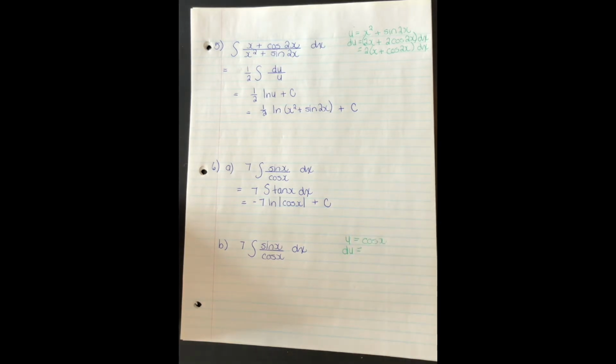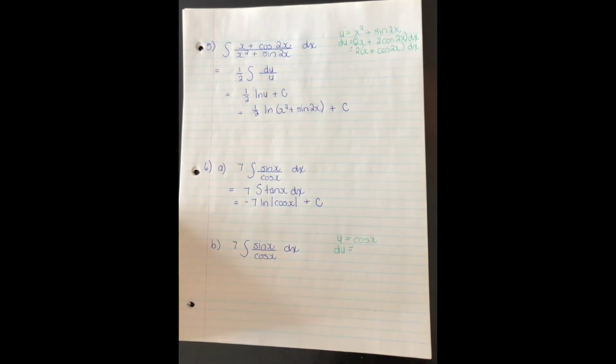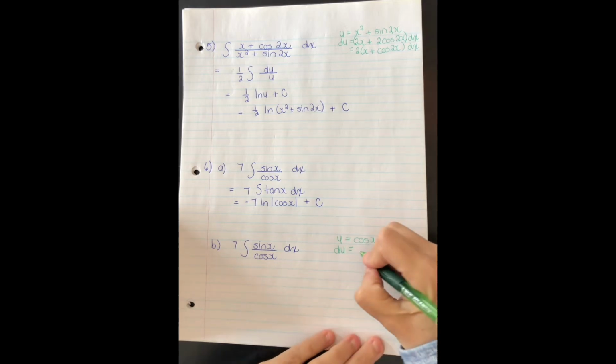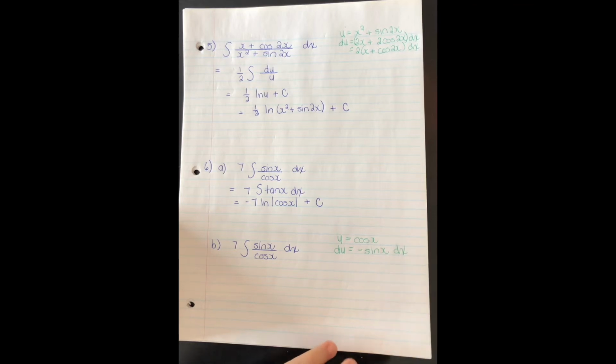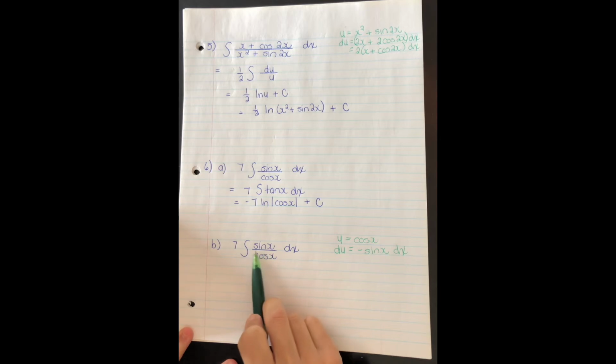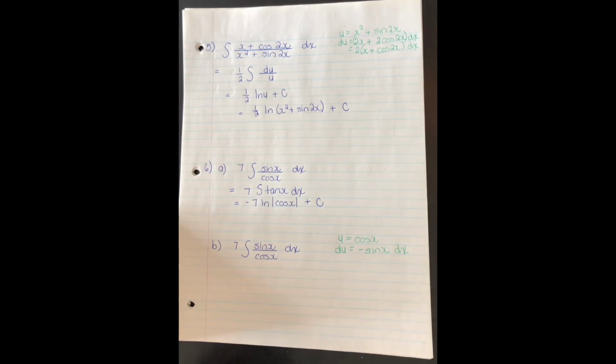If u is cos x, then du will be the derivative of cos x. The derivative of cos x is negative sine x dx. So we'll have a u here, and of course it has an exponent only of 1. And then in the numerator, we have a multiple of du. So we will have perfect logarithmic form.